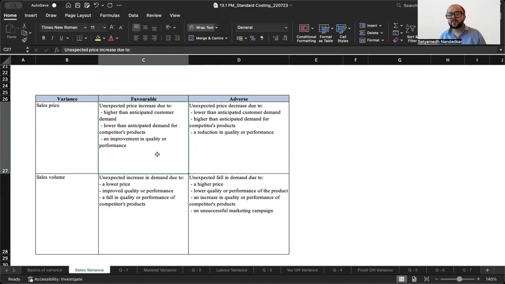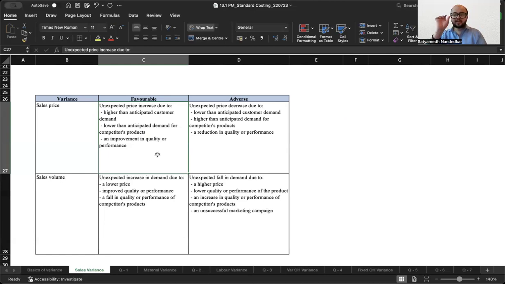And adverse variance will come in when the actual selling price is less than the standard price. This will happen probably when you have a lot of competitors in the market, and in order to win customers, you have to slash the prices. Or if the customer demand is lower, you want to entice the customers, you might have to offer them a discount.